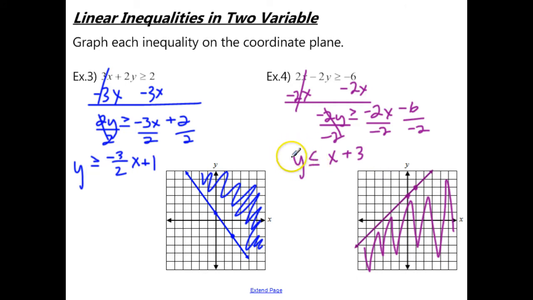We want all the y values that are going to be smaller. So we find that y-intercept on the line, and we want all of the graph that is on this side, the bottom side of that line. So make sure you're careful. That's why we need to change these into slope-intercept and not just graph them in standard form, because we won't know where to shade.